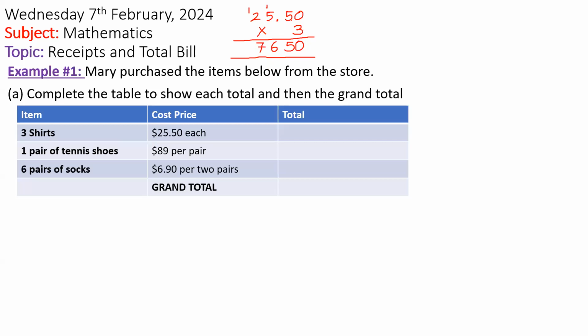We have to put the decimal point because there are 2 numbers behind the decimal point, 5 and 0, so we move it twice. So now we have $76.50.